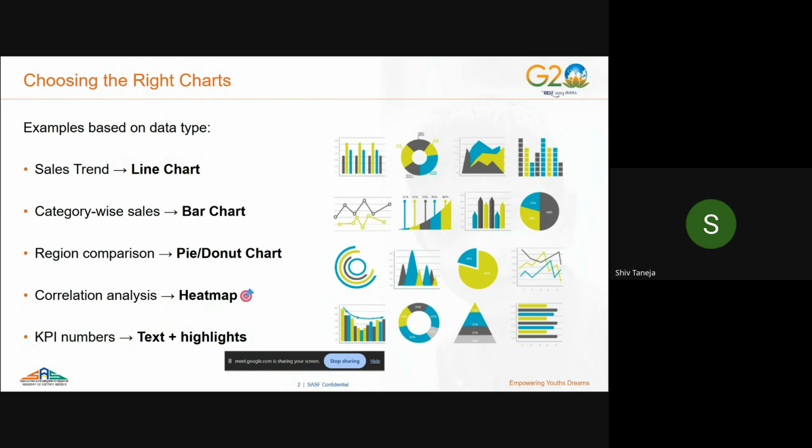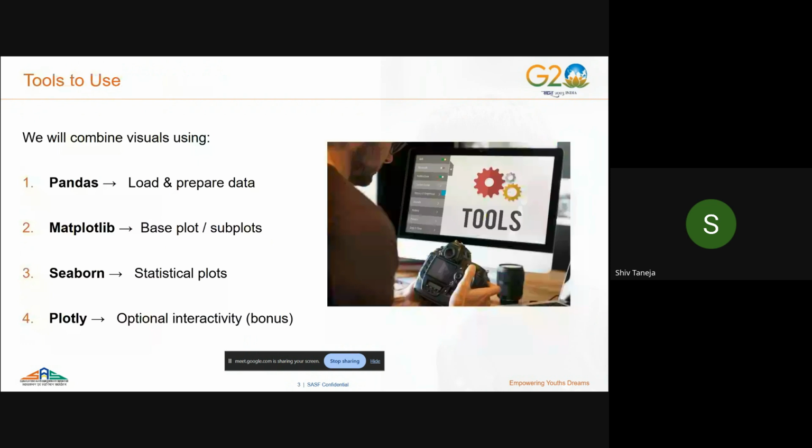We have already done heat maps in the previous lectures. And KPI numbers, which means key performance indicators, can be shown using text or highlights. So you can just display them using text or highlights.